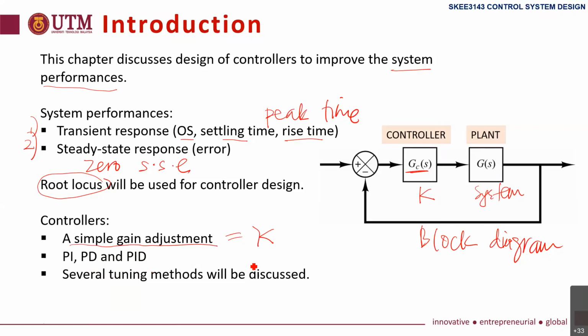We will usually use PID to show how a controller works. And in this subject, we will also show you how to do tuning. There are many techniques to tune. Tuning here refers to PID, because PID later has 3 parameters to be calculated or tuned in order to achieve the desired response.